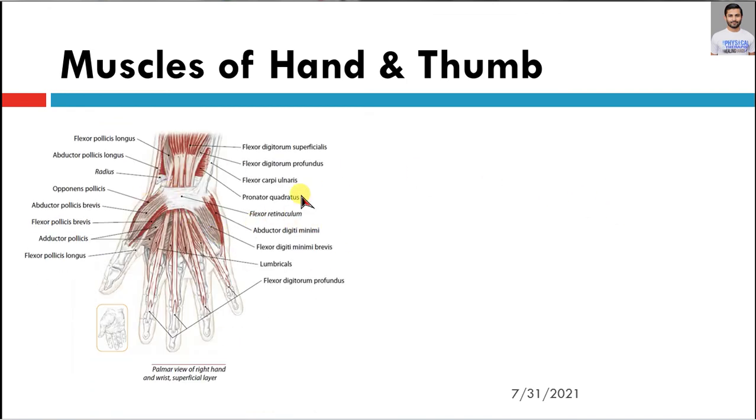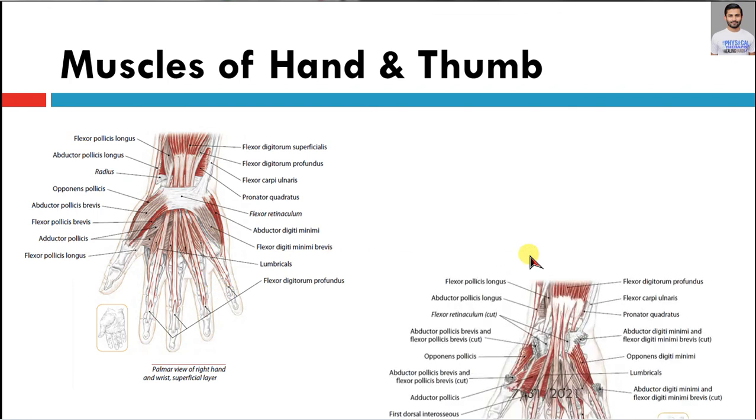Then these are the small muscles of the hand and thumb. These are the muscles that are making the hypothenar eminence, and these are the muscles that are making the thenar eminence. So there are abductor pollicis brevis, then flexor pollicis brevis. Then you have abductor digiti minimi, and all the interosseous muscles and lumbrical muscles are deep to these structures.